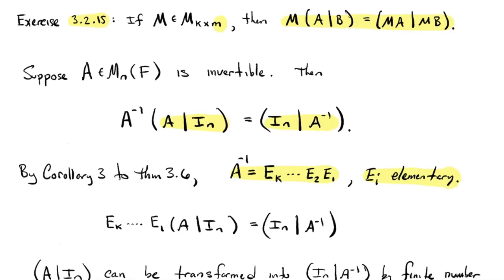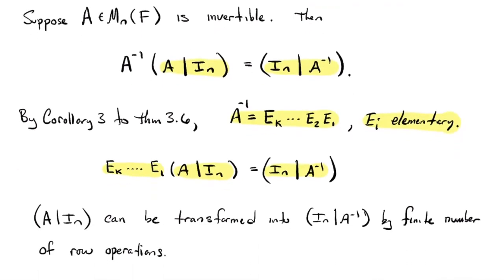So if we take this augmented matrix A I_n and multiply it by that product of elementary matrices, we get the matrix I_n augmented with A inverse. In a sentence, you can transform the augmented matrix A I_n into the matrix I_n A inverse with a finite number of row operations. You can do this because left multiplying by an elementary matrix corresponds to an elementary row operation, since the products are on the left. Cool.